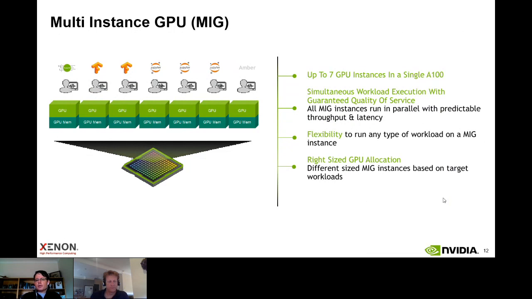It is really splitting up the GPU into 7 individual smaller GPU instances, which can run in parallel with predictable throughput and latency. And now it makes it very convenient to use the A100s for training purposes, for example, with large models just as a single GPU. And for inference workloads, it can then be split up into 1, 2, 4, or 7 GPUs and run those individually in parallel with fully guaranteed quality of service.